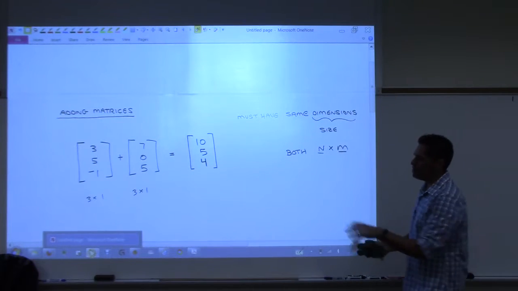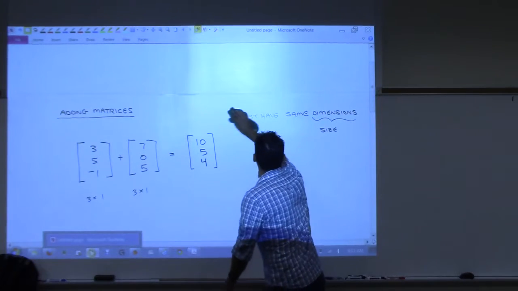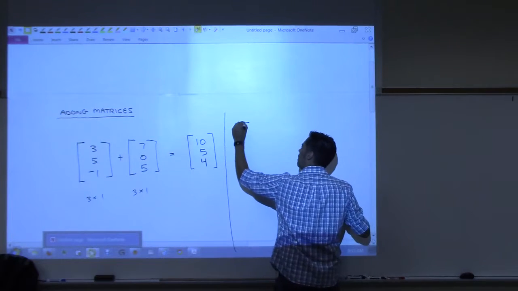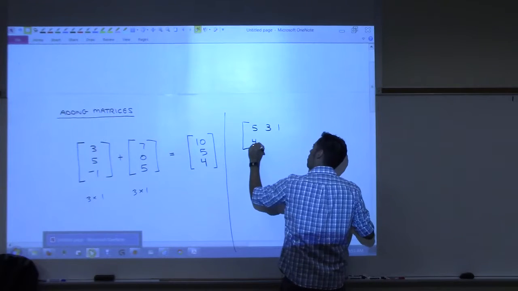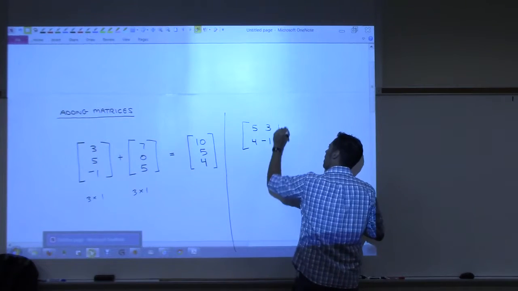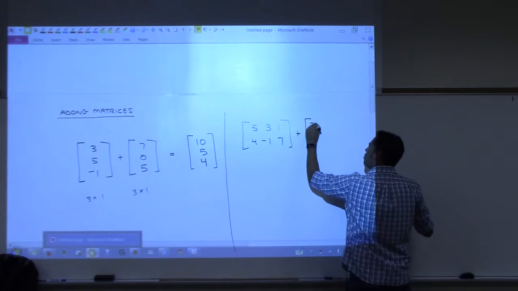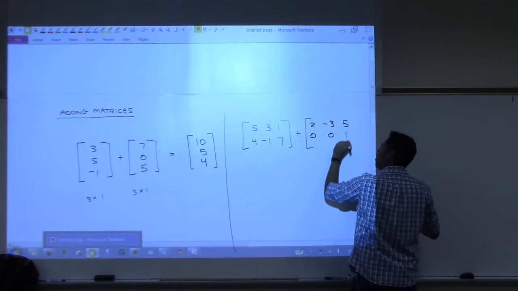Let's do one more that's a little more interesting than 3 by 1. How about 5, 3, 1, 4, negative 1, 7, plus 2, negative 3, 5, 0, 0, 1.